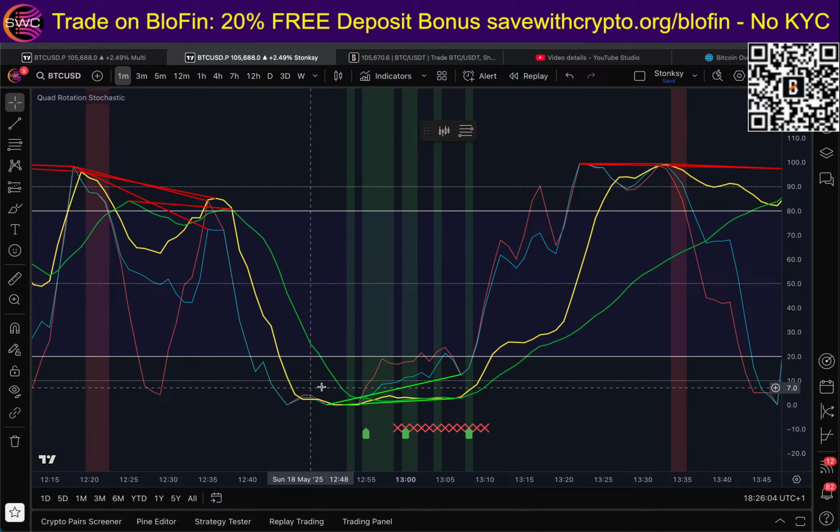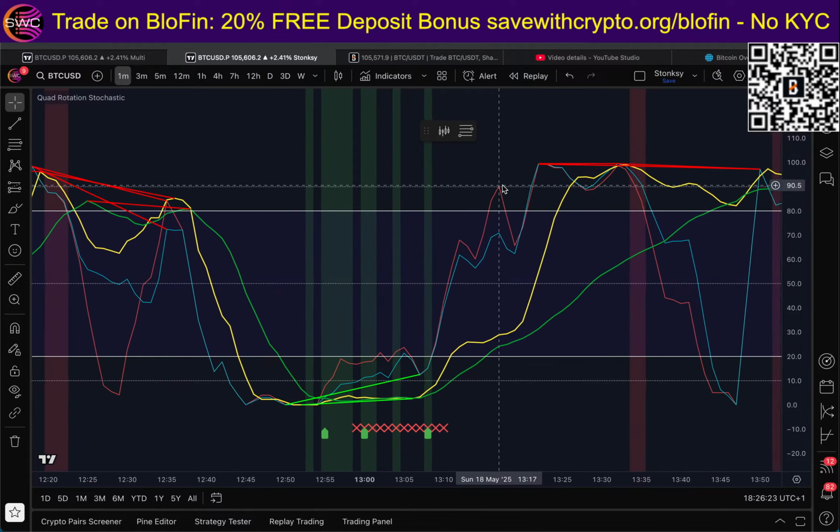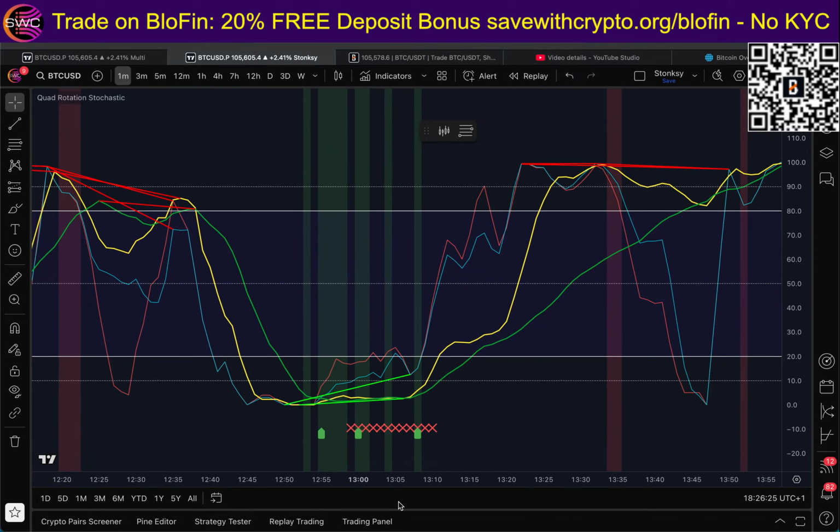This white line here is a 10% line. That white line there is a 20% line. That white line there is the 80% line. And this dotted one here is the 90% level. Okay, so it's an oscillator, so it goes between 0 and 100.